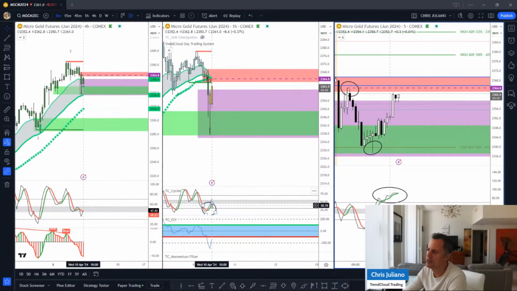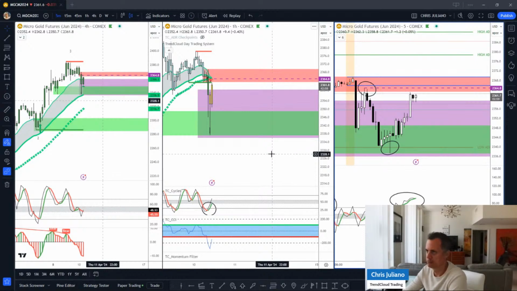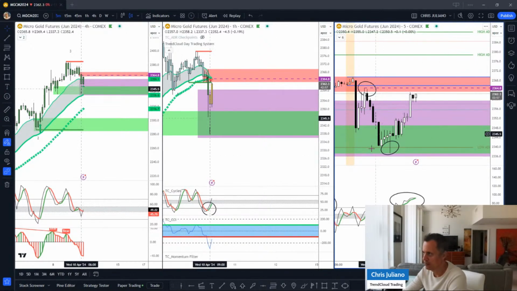Nice upward cycle here. Look at that rejection candle. Looking good. It looks like it might want to break through, in which case this thing is just going to continue to go like this.